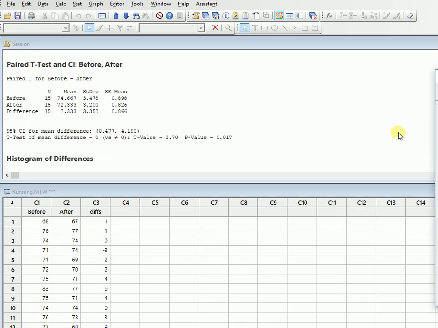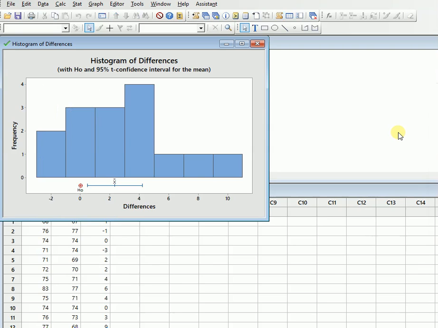So basically, based on this, we have 3 different graphs over here, which I said I would be describing. First of all, we will talk about the histogram.